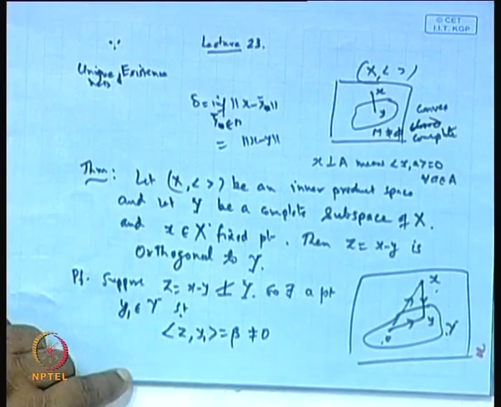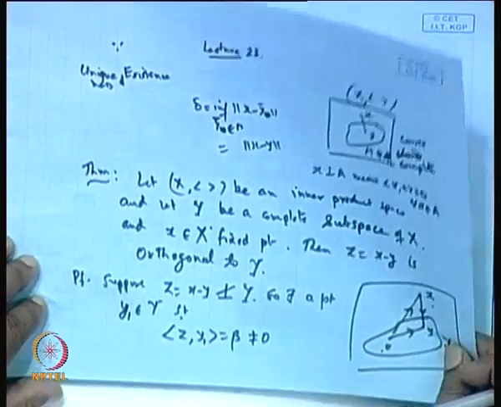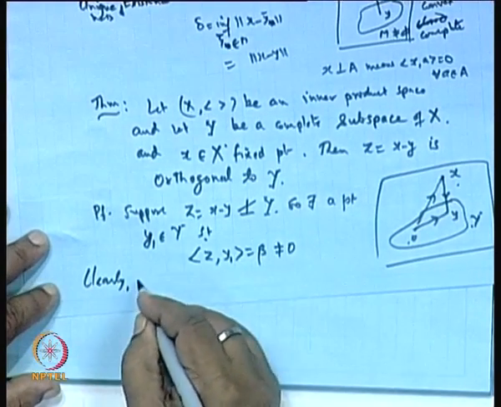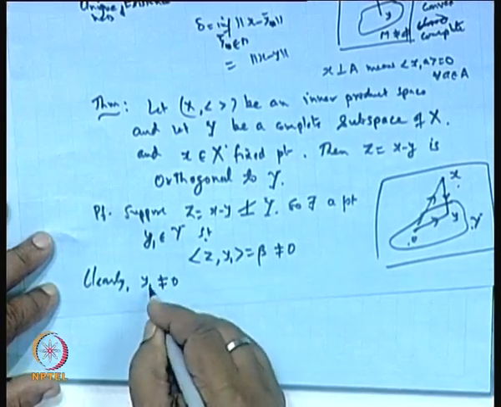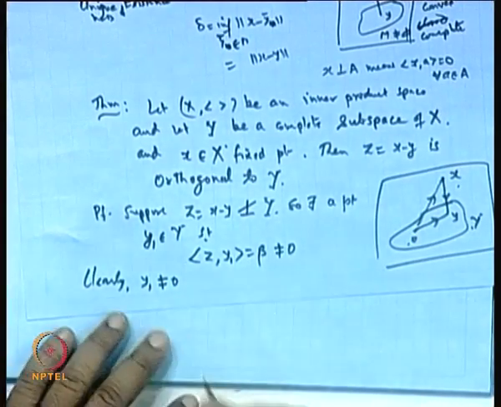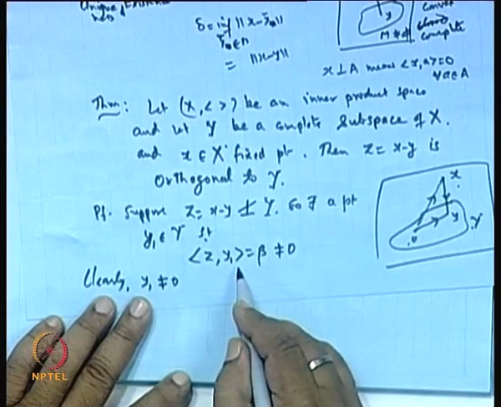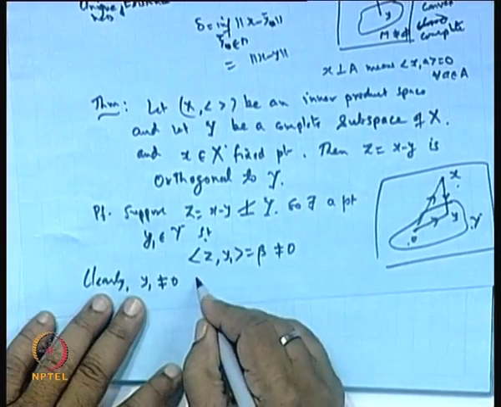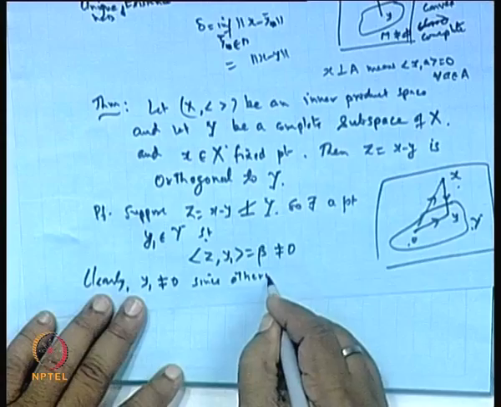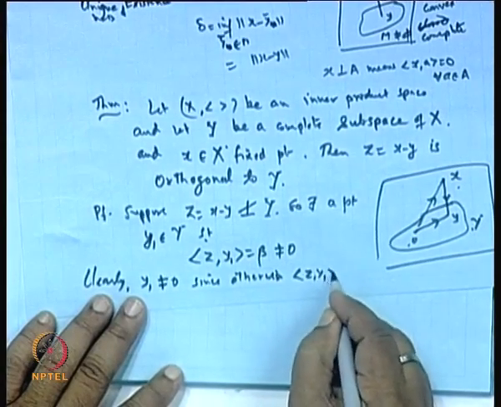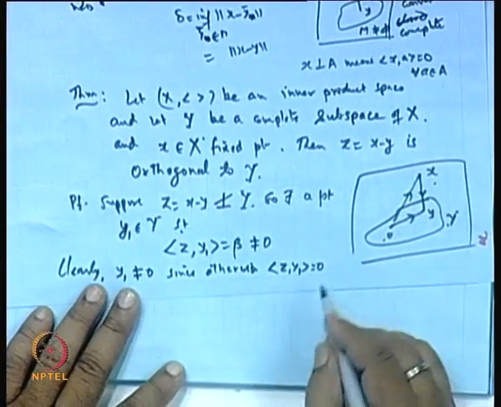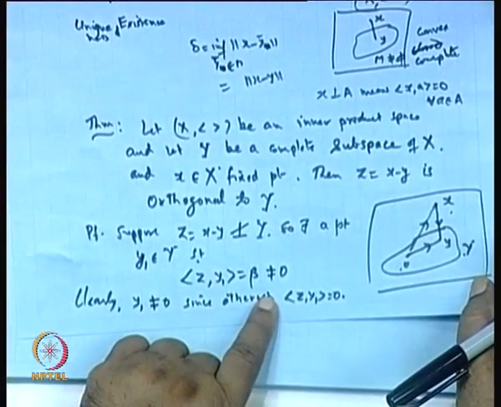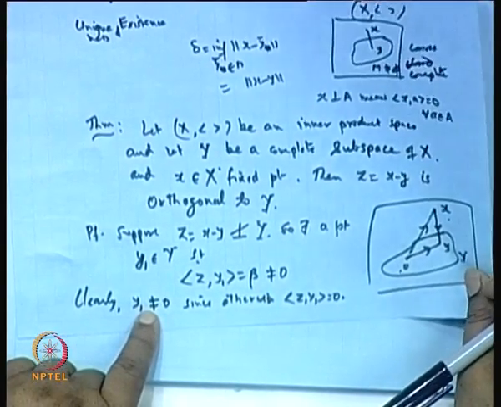Clearly this y1 will be different from 0, because if it is 0 then this inner product will be 0, a contradiction. So, let us assume that the inner product of Z and y1 is beta, which is not 0, where y1 will not be equal to 0.